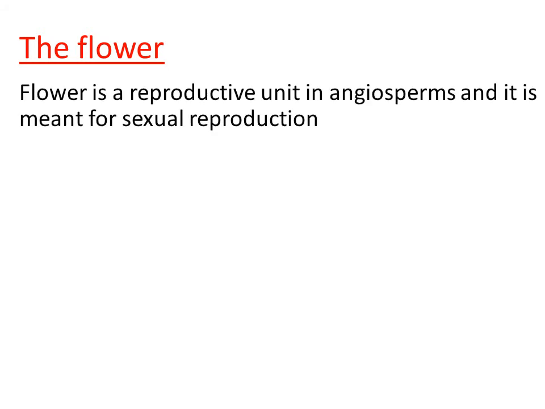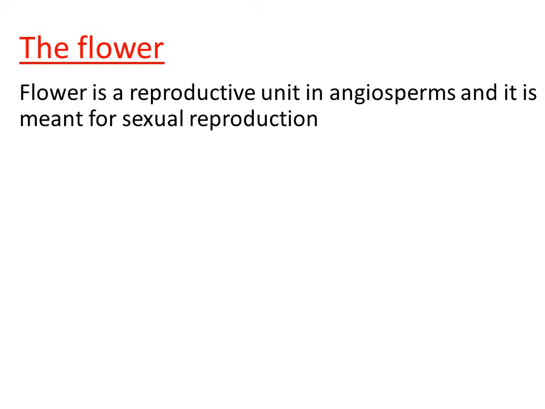So why does flower formation take place? Because of reproduction. In order to continue their numbers from one generation to another, angiospermic plants bear flowers. So flowers are the reproductive units in angiosperms. A flower consists of reproductive structures, right? And it is meant for sexual reproduction.